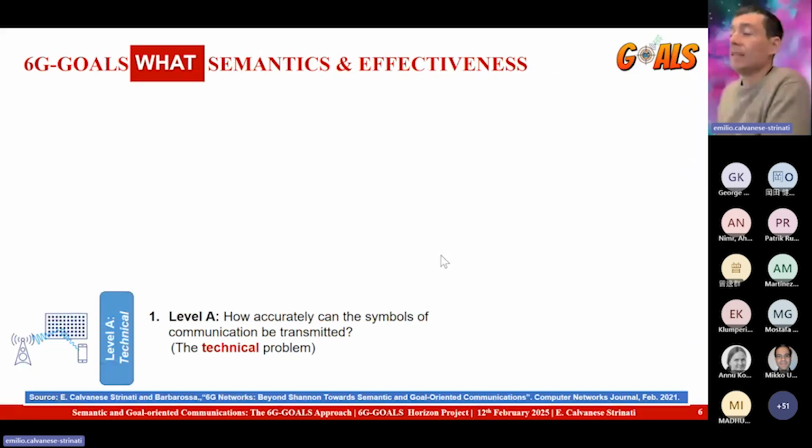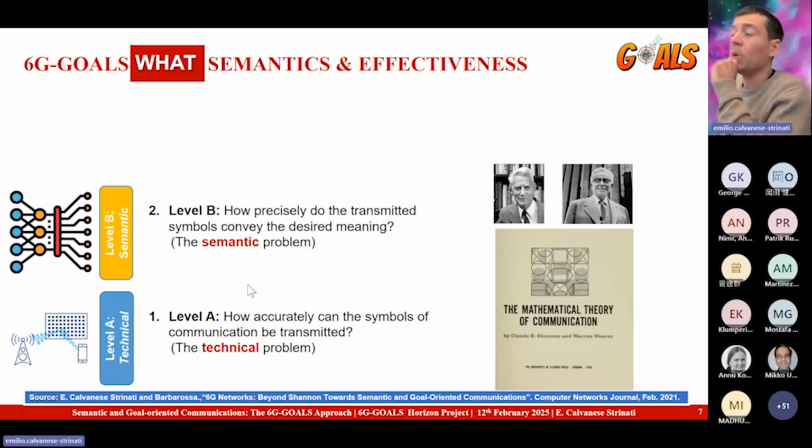In this direction, we leverage a paradigm that had already been pointed out by Shannon more than 75 years ago, which considers not only what we call the technical level, level A, where we are concerned with how accurately the symbols of a communication can be transmitted. We also have a second level, more related to the application level: how precisely do the transmitted symbols convey the desired meaning for the application.